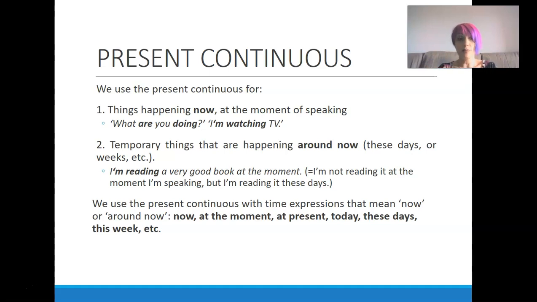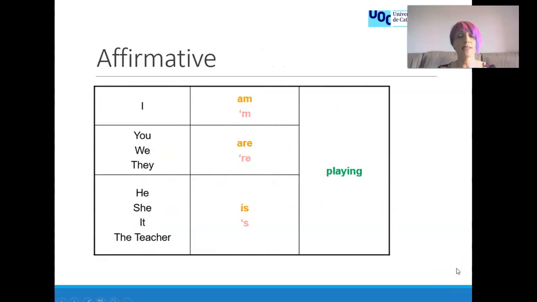Now, we use the present continuous with time expressions that mean now or around now. For example, at the moment, at present, today, these days, right? Okay. Now, how do we form the present continuous?